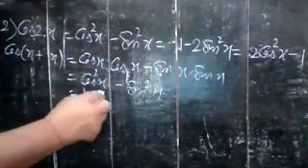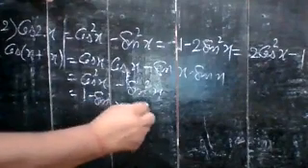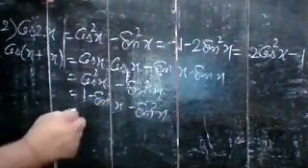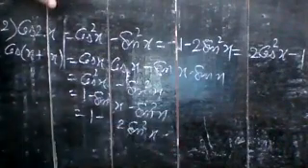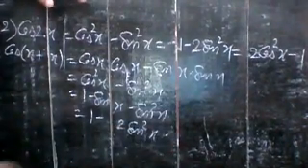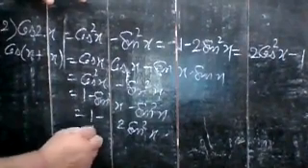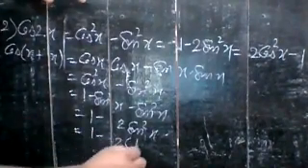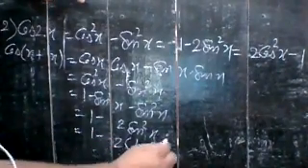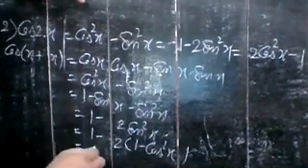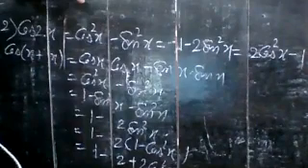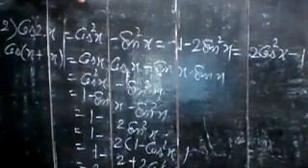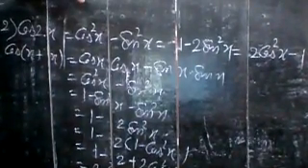So you have 1 minus sin square x minus sin square x, which equals 1 minus 2 sin square x. That proves your second result. Now convert sine into cos. So 1 minus 2 into (1 minus cos square x), multiplying gives 1 minus 2 plus 2 cos square x, which equals 2 cos square x minus 1.